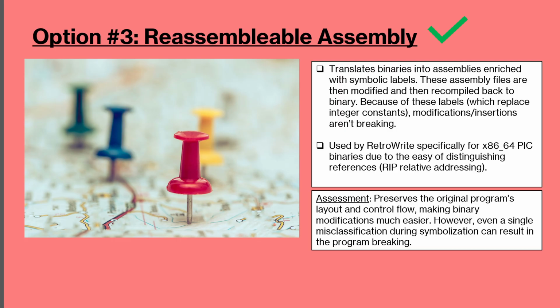By operating directly on a structured representation of the original code, this approach largely preserves the program's layout and control flow. Essentially, by removing the brittleness inherent to binaries with symbolic labels, we're able to move different parts of the code and insert new code while still being able to reference those previous areas, meaning that the overall program layout largely stays the same.